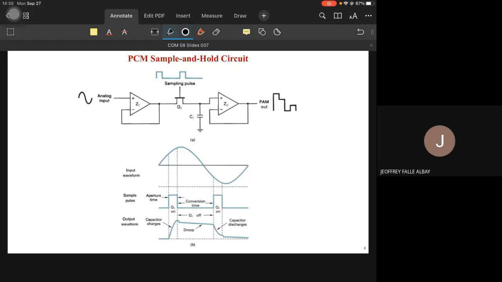The best device, with Z equal to 0, is an operational amplifier. We do not want our operational amplifier to mess with our signals, so it is just in a buffer configuration. The main components are our transistor and our capacitor.